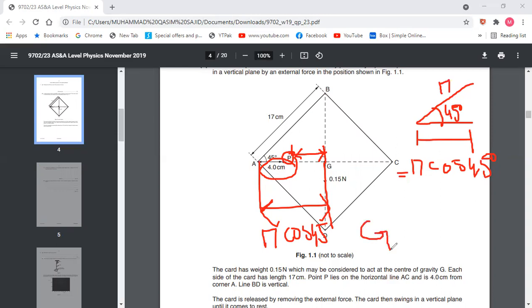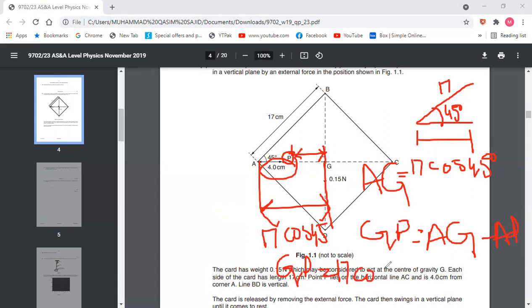GP equals AG minus AP. So what is the value of AG? AG value is 17 cos 45 degree. So GP equals 17 cos 45 degree minus the value of AP, which is 4.